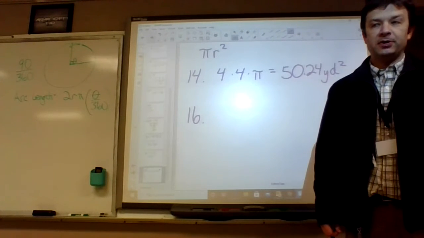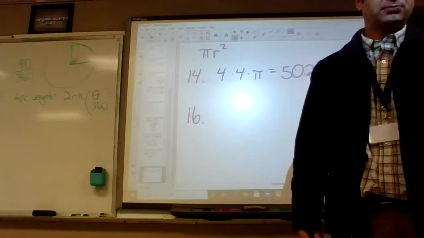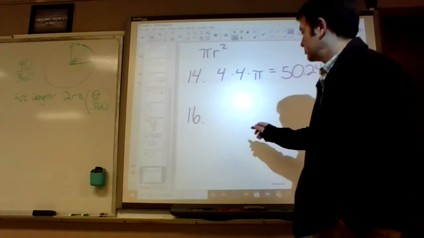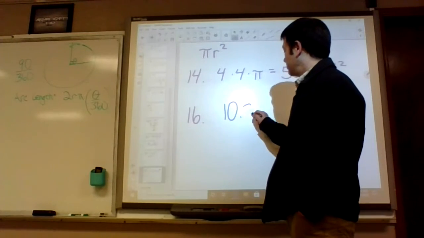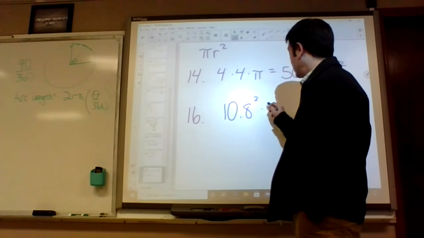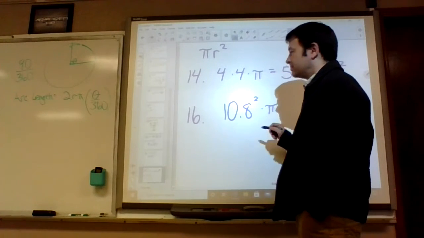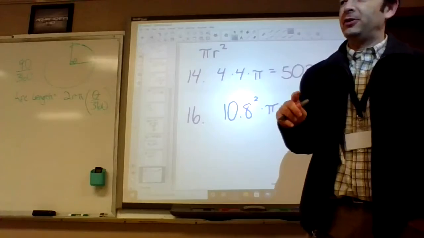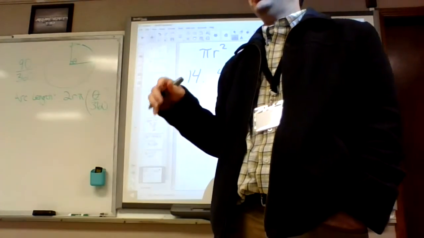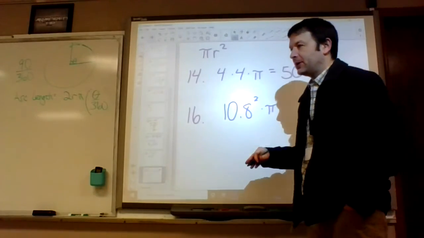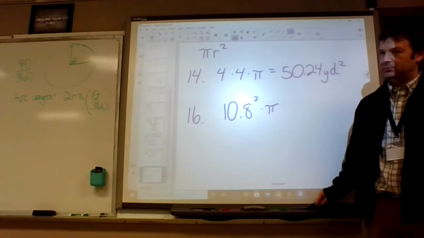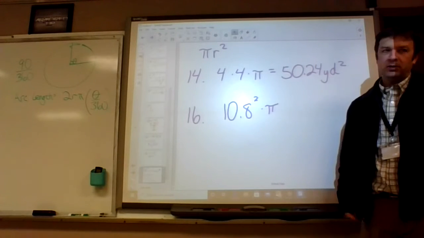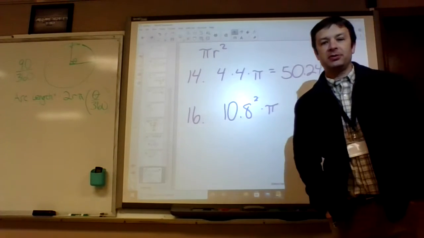What do I plug in for 16, Elena? 10.8 squared times pi. If you don't know where your squared button is, that would probably be a good thing to find. That usually saves time. All your calculators should have a squared button on it.